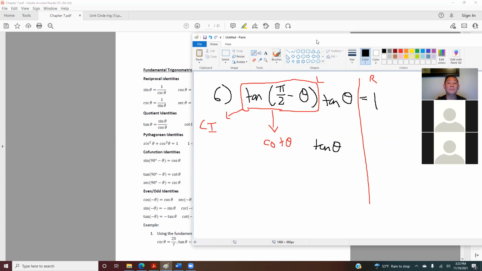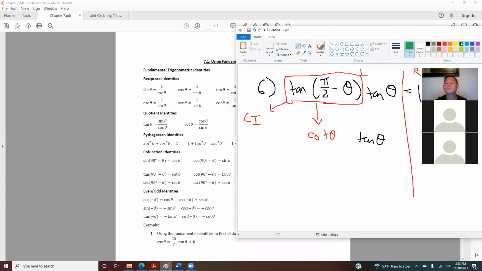What kind of identity do we use? I said the reciprocal identities. So cotangent can be used, or tangent, one of these. Make sure you change one of these, not both. What's the reciprocal of cotangent? For cotangent, it's 1 over tangent. And what happens when you multiply this with tangent theta? It makes 1, which is the same as the right hand side.